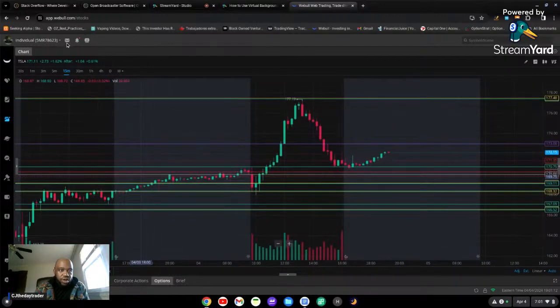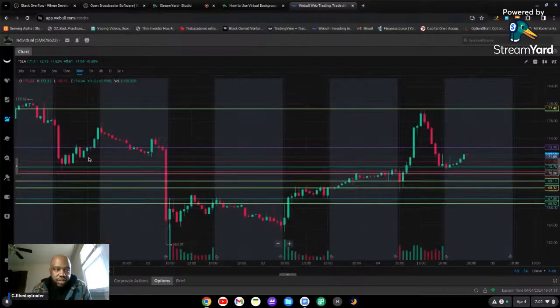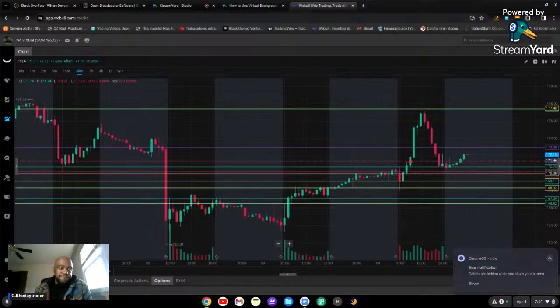The reason I wanted a rejection off of 170.21 was because that was the previous low back here on April 1st at 11 a.m. The low was 170.21. So there was a red line drawn at the bottom of this wick.